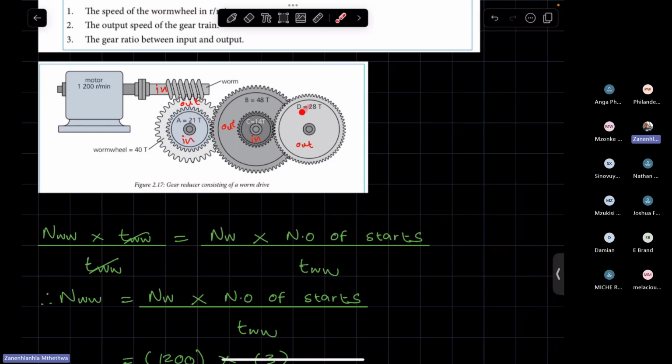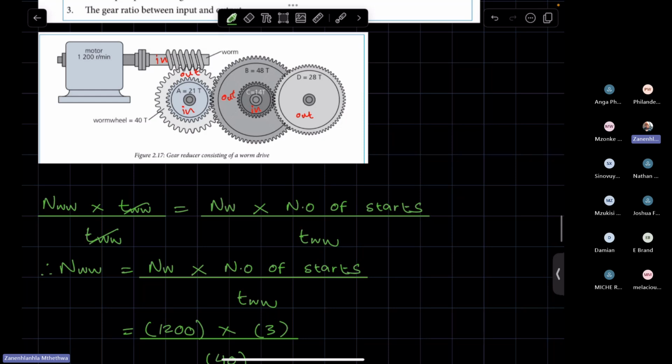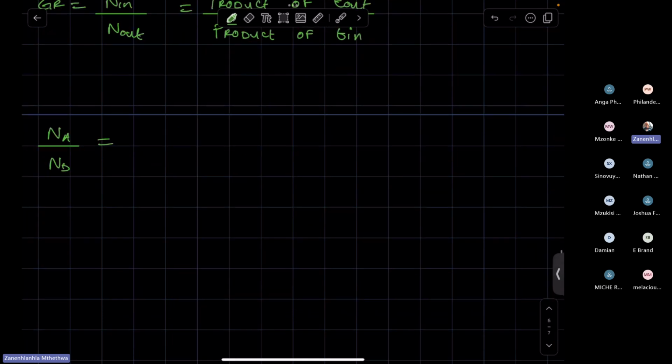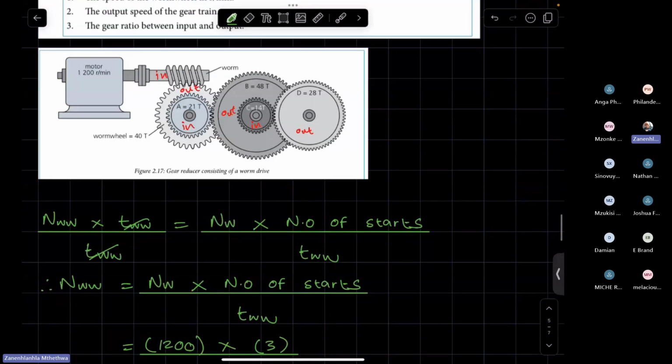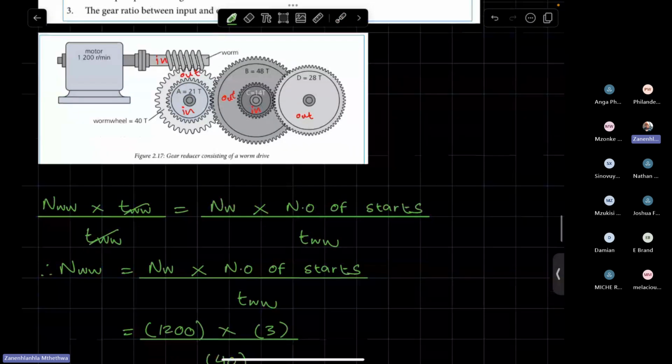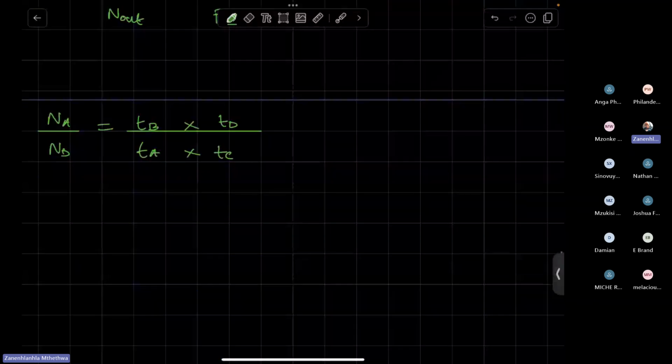Gear B and gear D are both out. So the product of that will be TB times TD. So this will be TB times TD divided by the product of T in. So you look at which gears we have considered as being in. Gear A is in and gear C is in. So the product of that will be TA times TC.